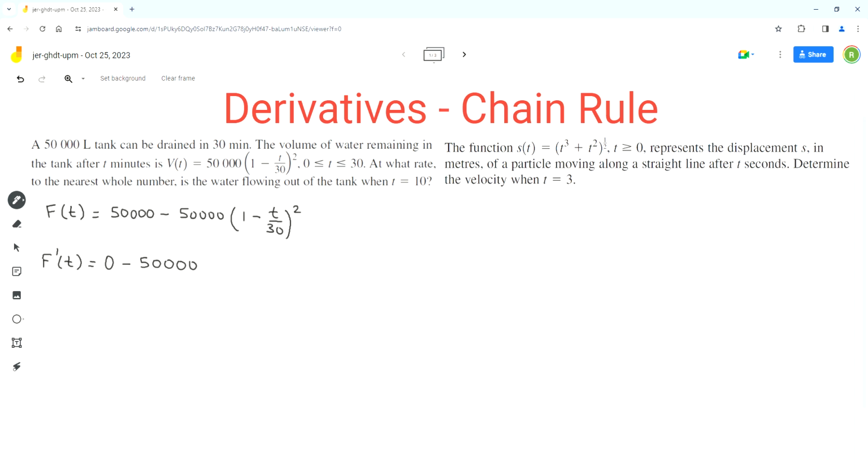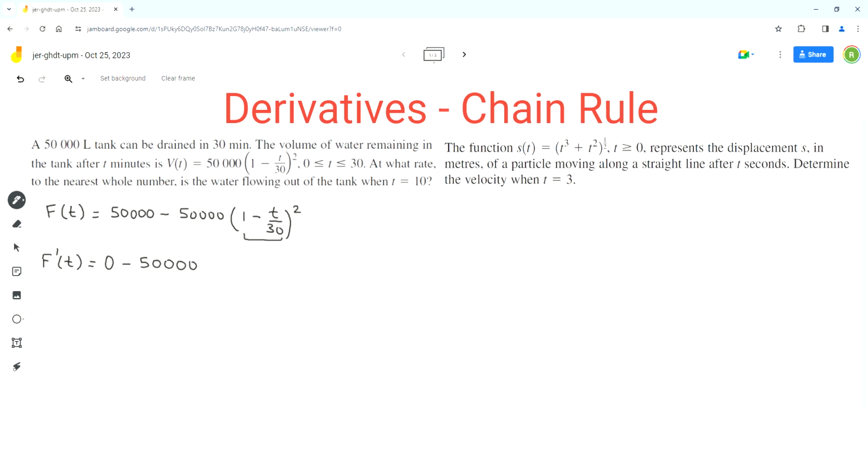Now in the next part of the term, we have to use the chain rule, because this term has an inner function, which is 1 - t/30, and then the outer function is the exponential function with exponent 2. So we start with the derivative of the outer function, and for that we'll have to use the power rule.